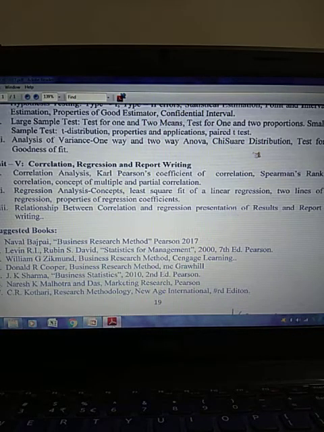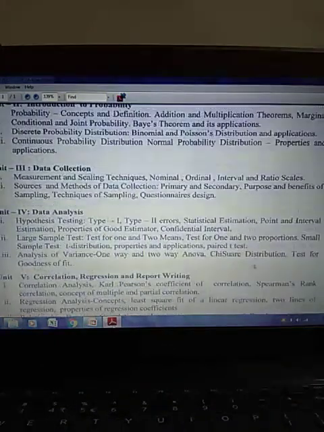So these two books are enough. If possible, you can also take information from other textbooks. So books number 2 and number 7 are enough, which cover all the syllabus you are going to read in this very important paper, business research methods.